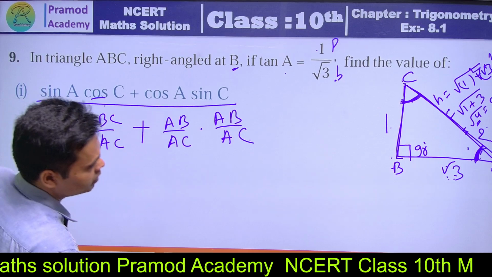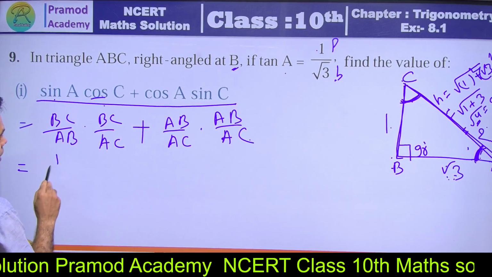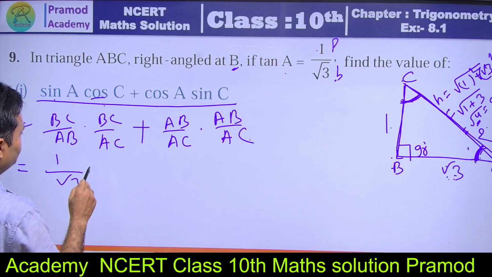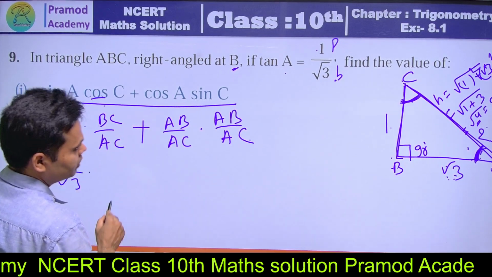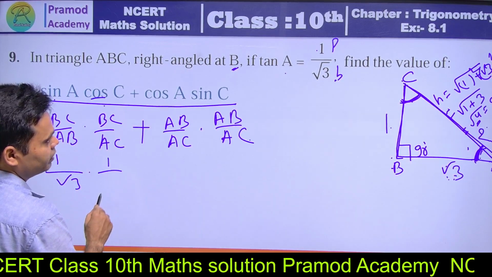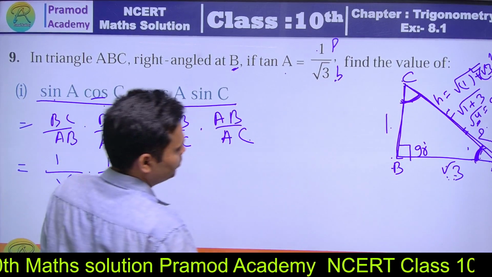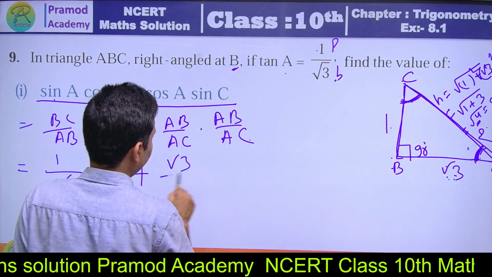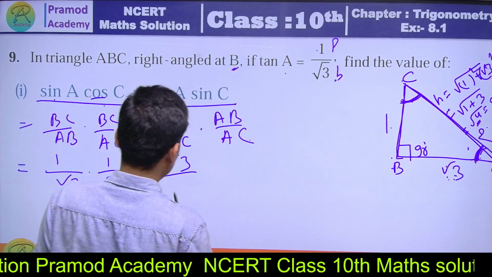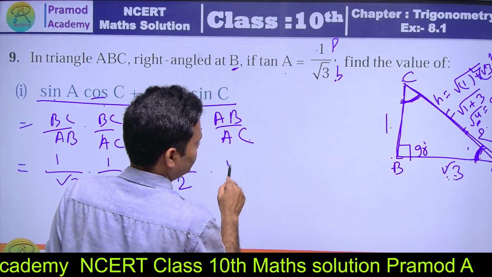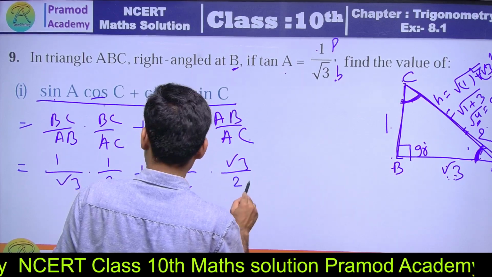What is the value of BC? BC is 1, AB is root 3, and AC is 2. So 1 by root 3 into 1 by 2, plus root 3 by 2 into root 3 by 2.